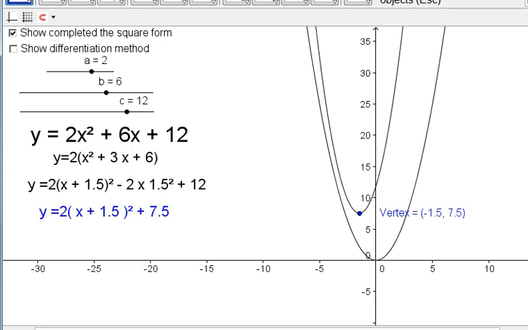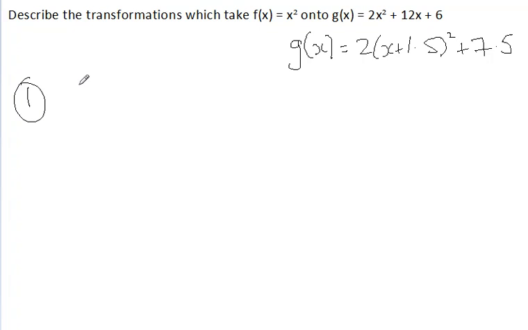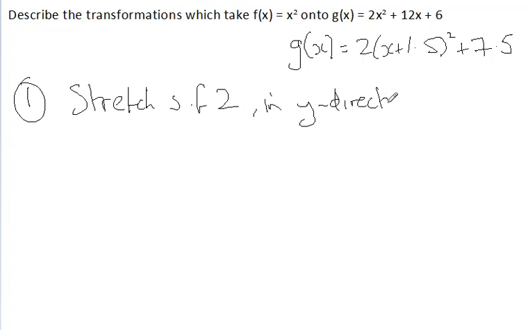So I'm going to go back onto Paint, and I'm just going to write my equation now in completed square format. So we've got g(x) = 2(x + 1.5)² + 7.5. And now I can describe my transformations easily. I firstly have a stretch of scale factor 2 in the y direction, because I've multiplied by 2 outside the brackets.